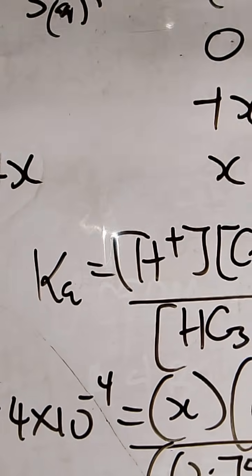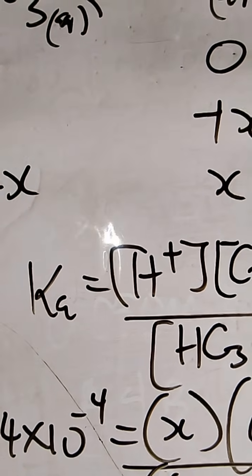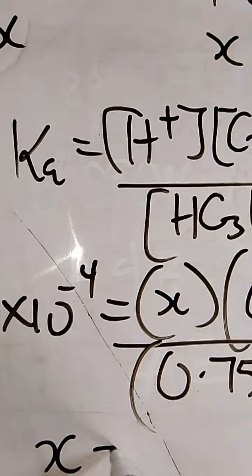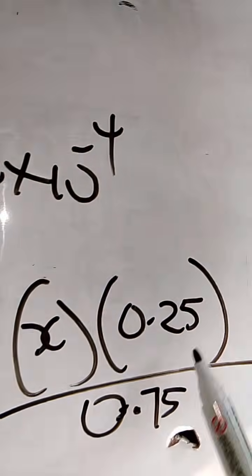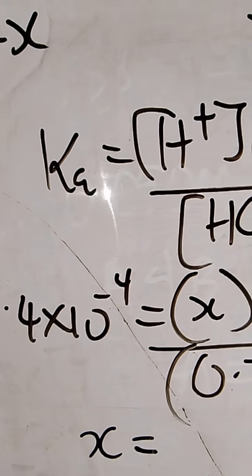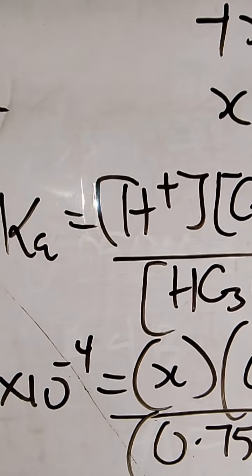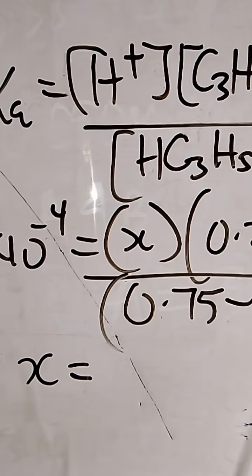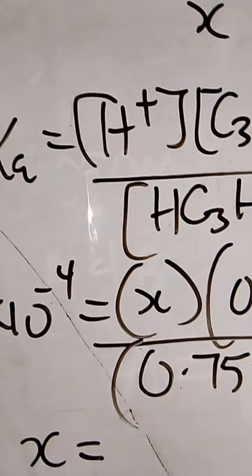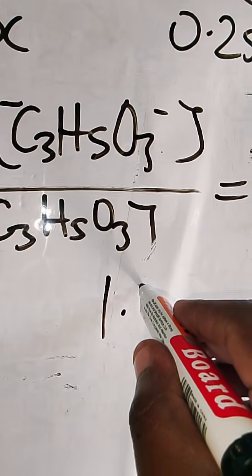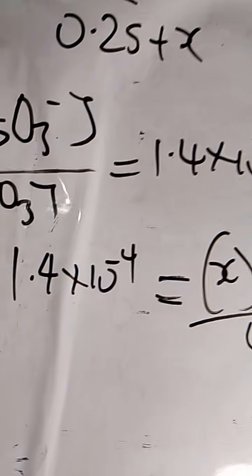Let's now calculate X. I don't have the calculator to calculate, so it will be 1.4 times 10 to the power negative 4.